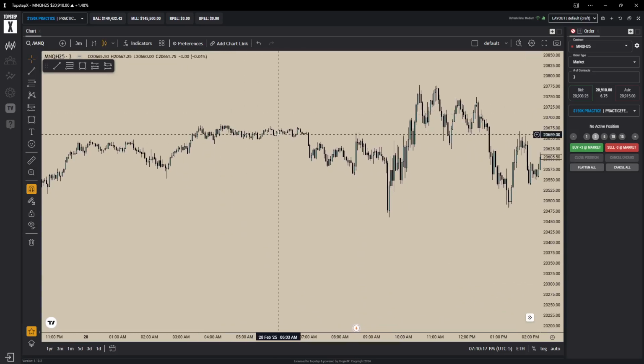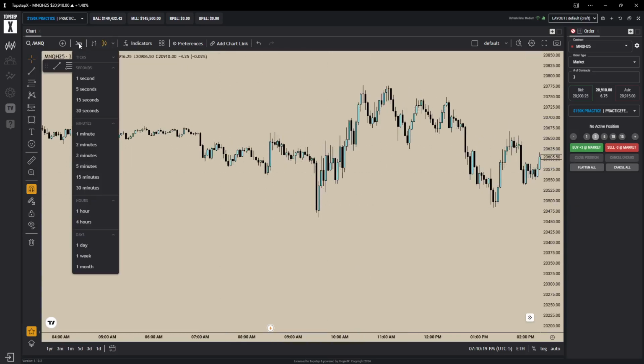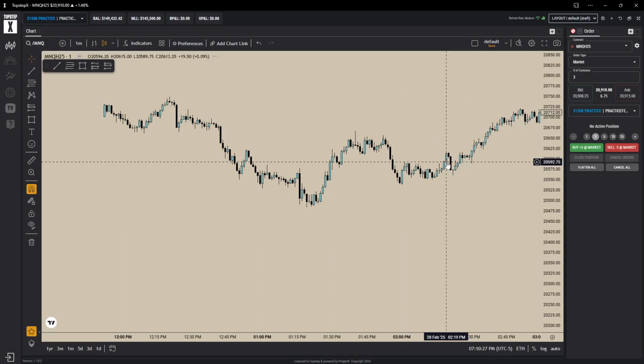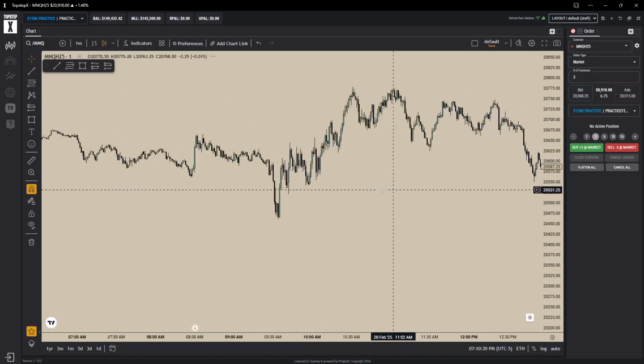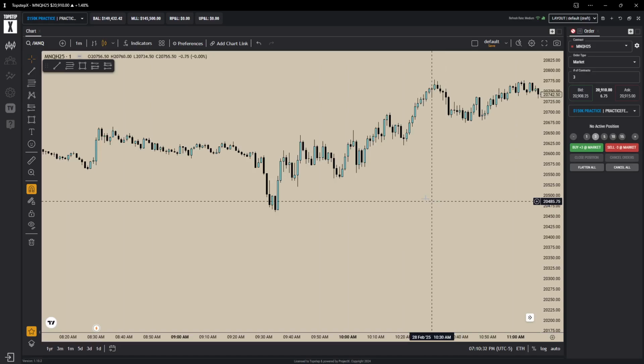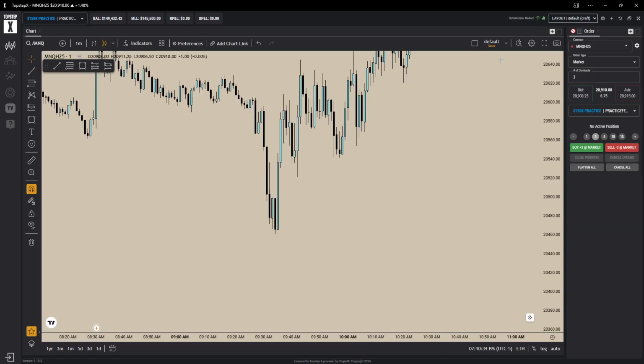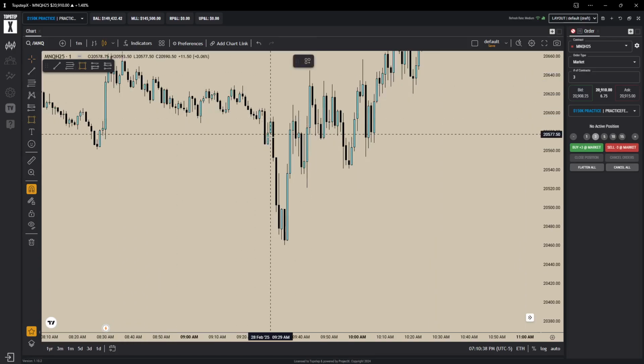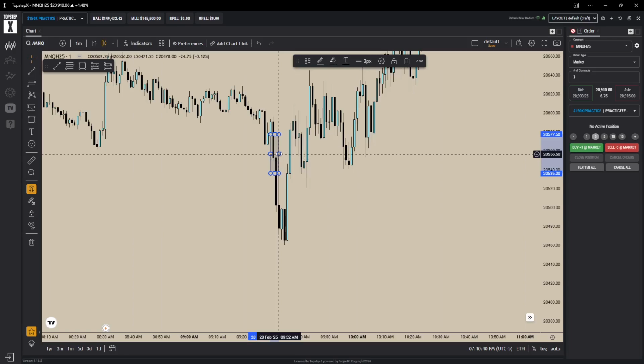Let's see. There was probably a trade early in the day up here. It might have been break even though. So I guess it depends on where you go break even, right? Because I have our fair value gap.